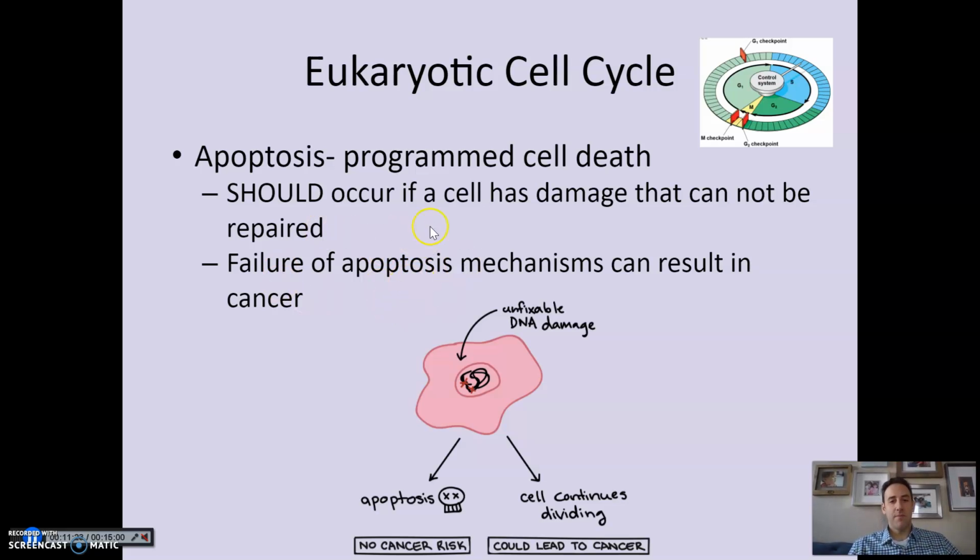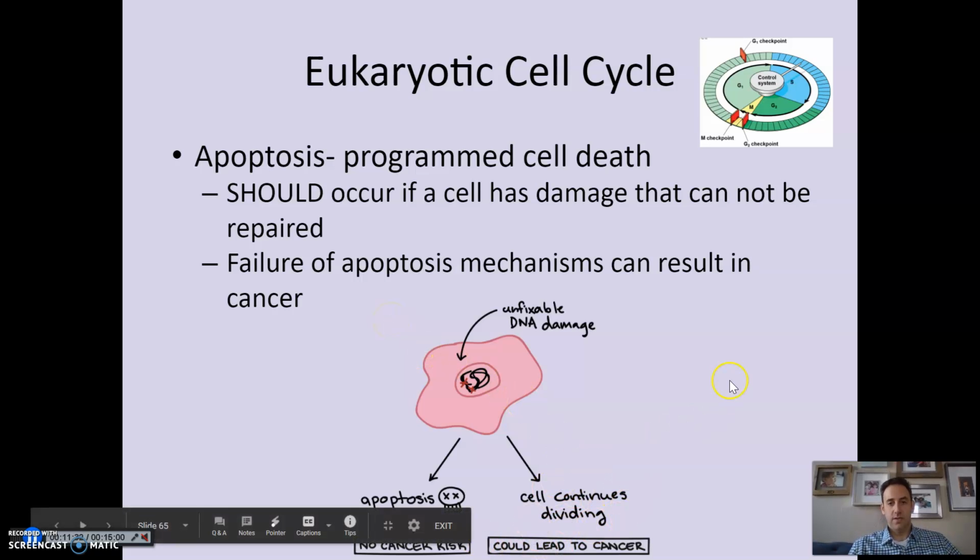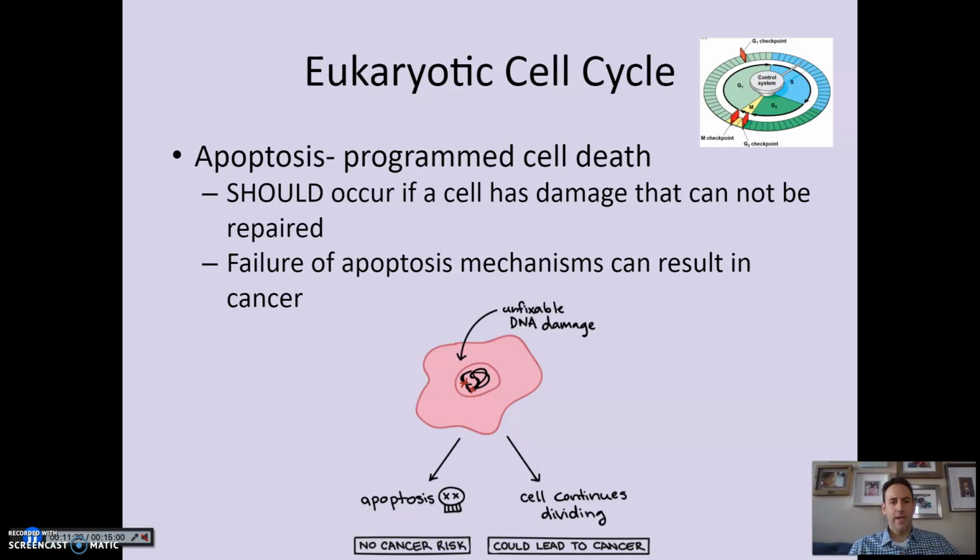Unfortunately, apoptosis mechanisms can fail. If the cell doesn't kill itself off, then it will continue to divide uncontrollably, which would lead to cancer. So it's very important for cells to behave properly, and if they don't, then they need to kill themselves off.